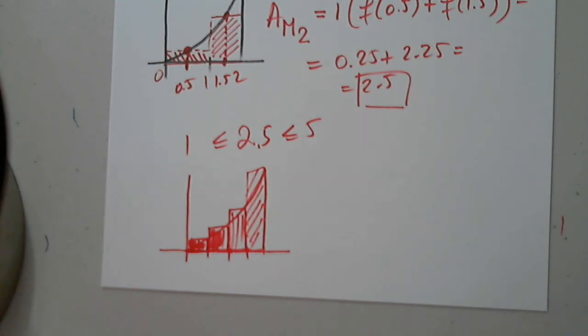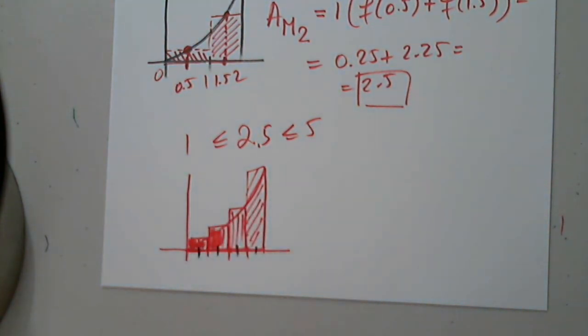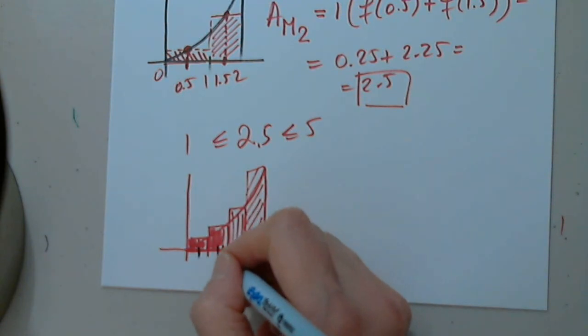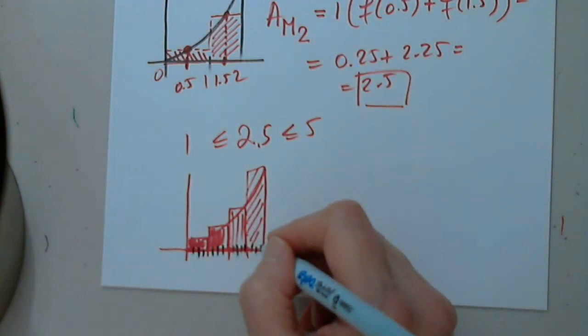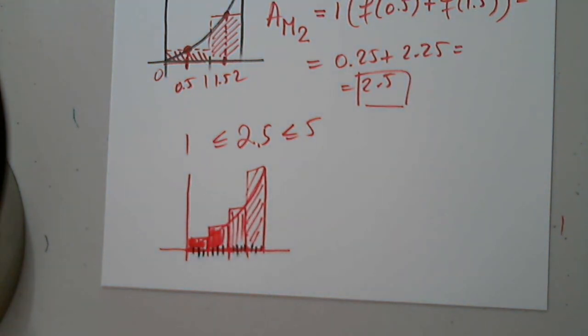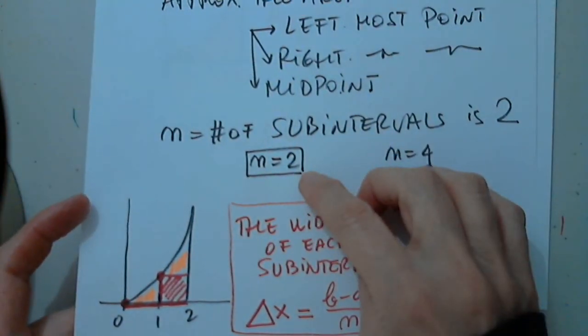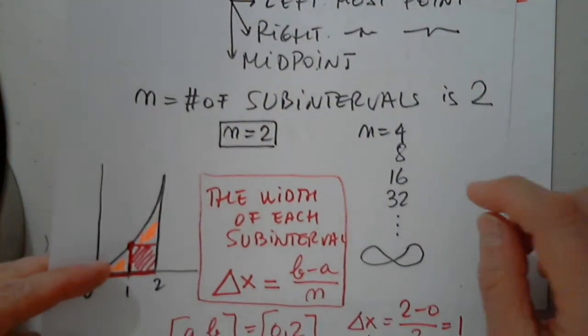Then I'm going to use 8 subintervals, and then 32, and then etc. With 2, I got 2.5, the closest I could.